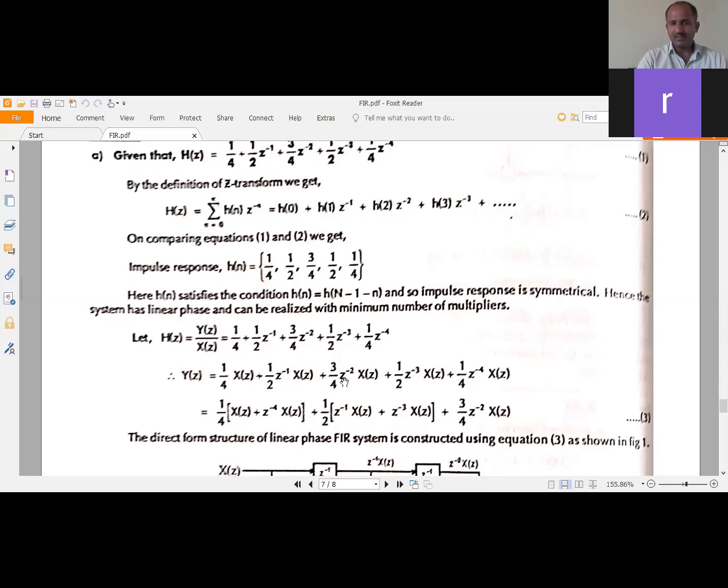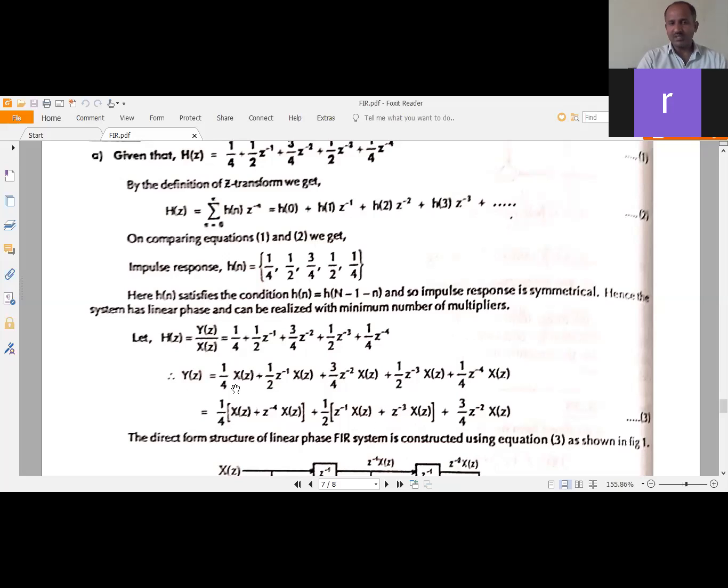And this is 3 by 4. This is the center of symmetry, which will be a separate element: 3 by 4 into z power minus 2 into x of z. And you can realize this output by using linear phase realization and the minimum number of multipliers. Obviously, when comparing with the previous equation, two multipliers are reduced here.